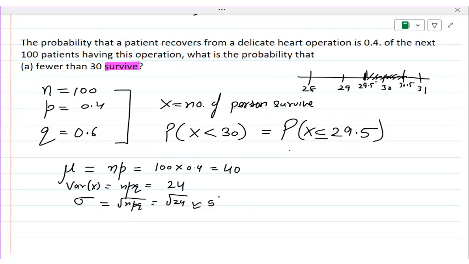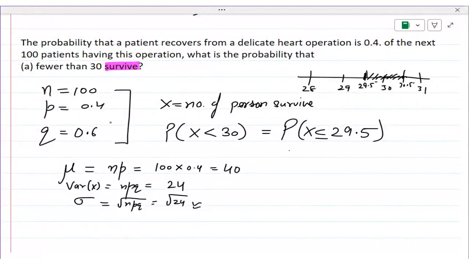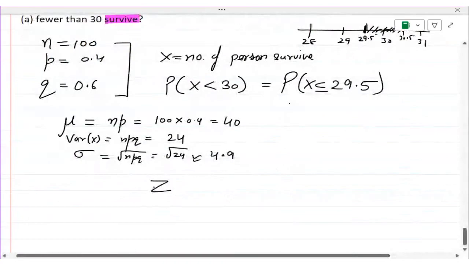So the square root of 24 is 4.898, which is approximately 4.9. Now we have to find the probability of X less than 29.5, so we'll convert this in terms of Z. What is our lifeline to convert to the standard normal distribution? It is Z equals X minus mu divided by sigma.